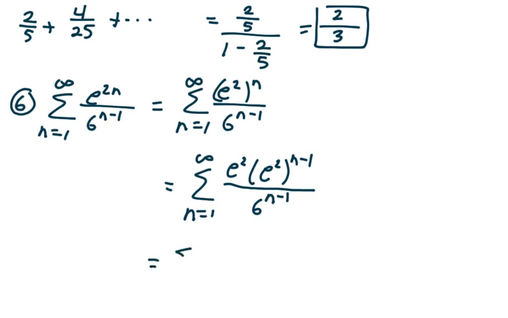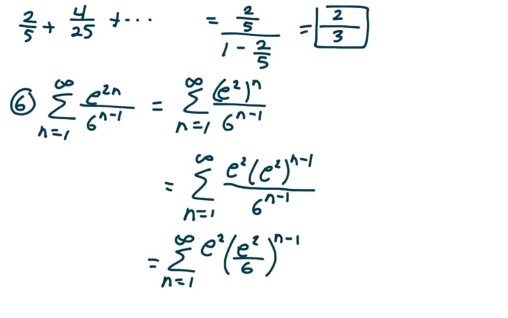And just one more line. This is the summation from n equal 1 to infinity of e squared times e squared over 6 to the n minus 1. Now, the absolute value of r equals e squared over 6, right?